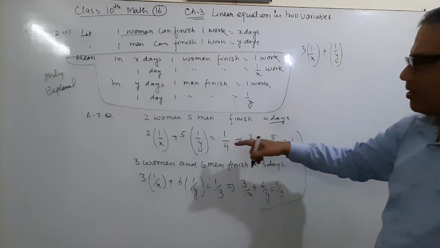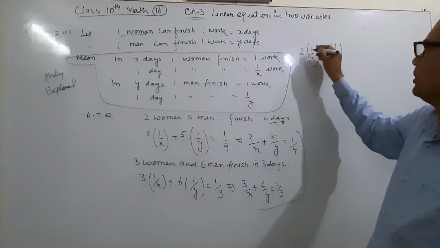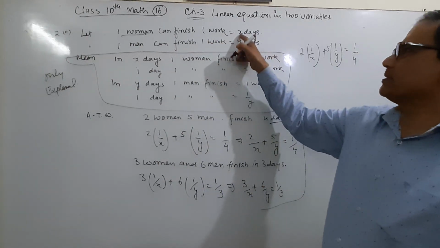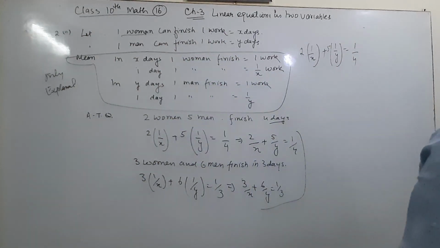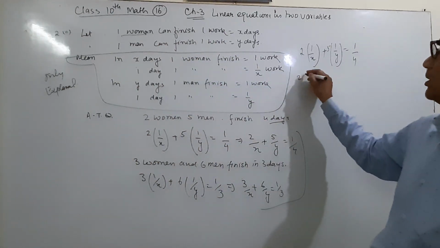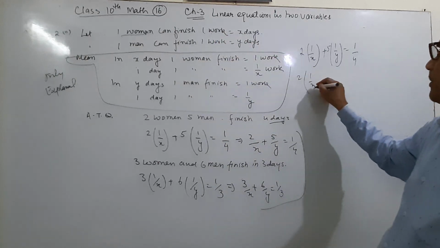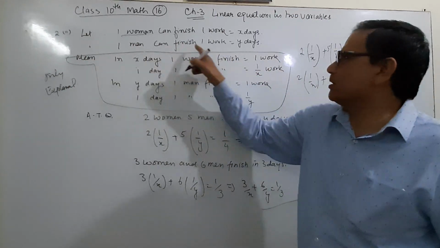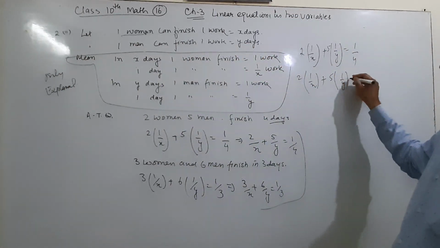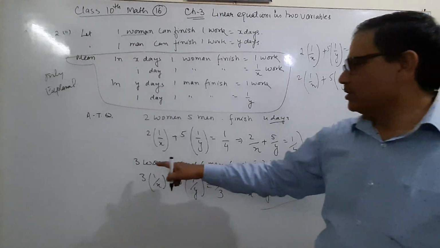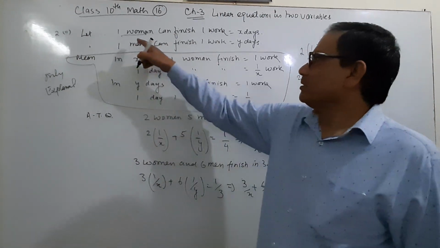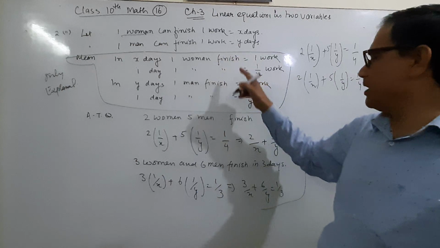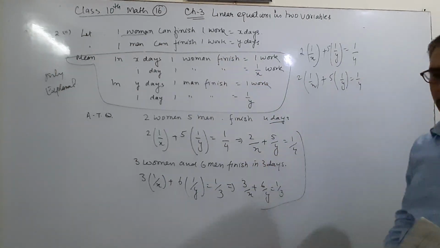The number of women is 2 and men is 5, and days are 4. So 2 into 1 upon x plus 5 into 1 upon y is equal to 1 by 4. Simply, 3 women, 1 by x plus 6, 1 by y is equal to 1 by 3. And we have to solve it. And now the third part.